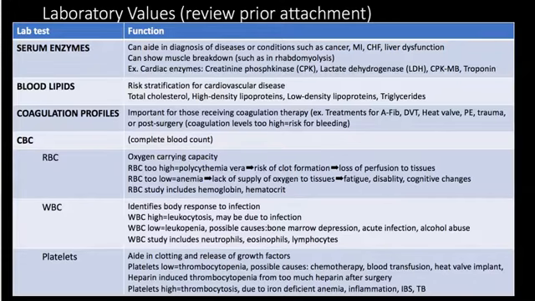Some examples of the cardiac enzymes that are tested are the creatine phosphokinase or CPK, the LDH, and the CPK-MB, as well as troponin. So you have a list of those and what the normal values are.